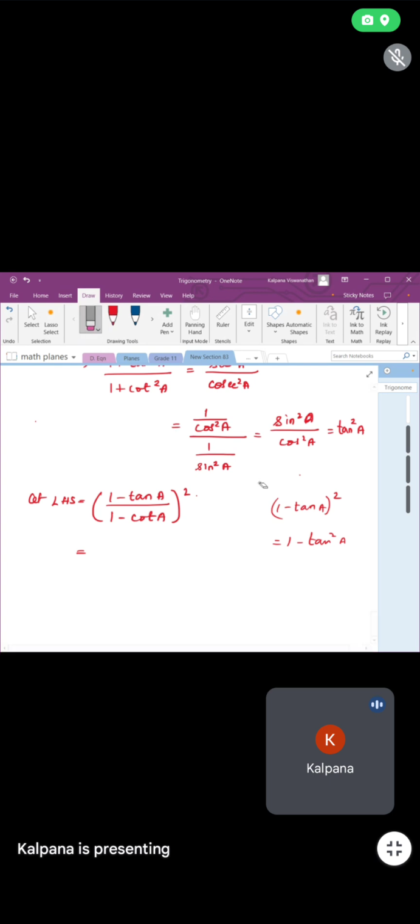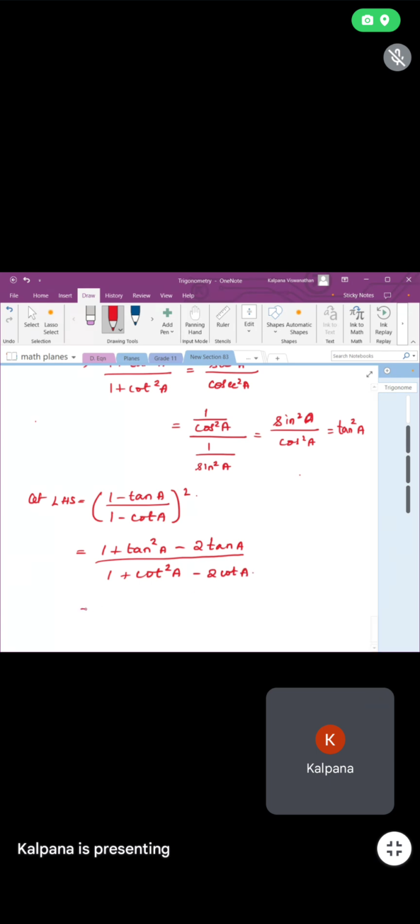Wherever you have A minus B the whole square, you have to use the identity and write it as A square plus B square minus 2AB. So 2 tan A. Same way in the denominator, A square plus B square minus 2AB.